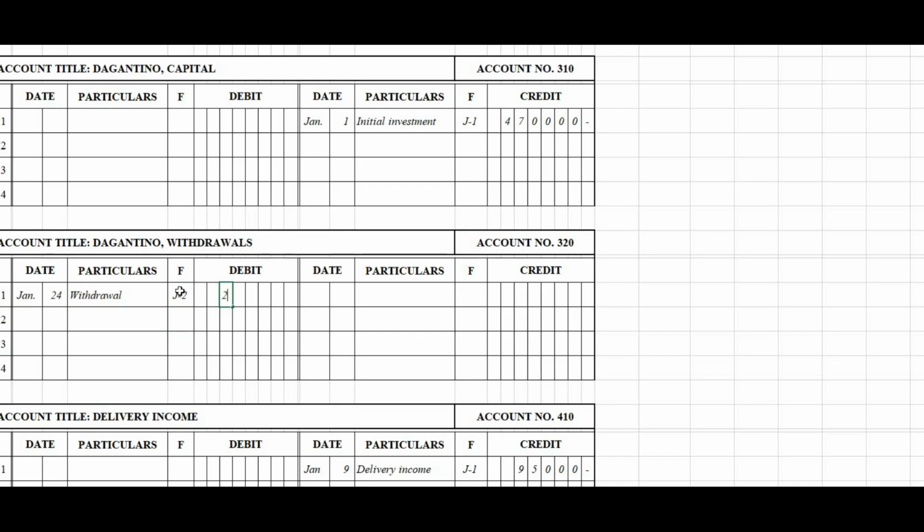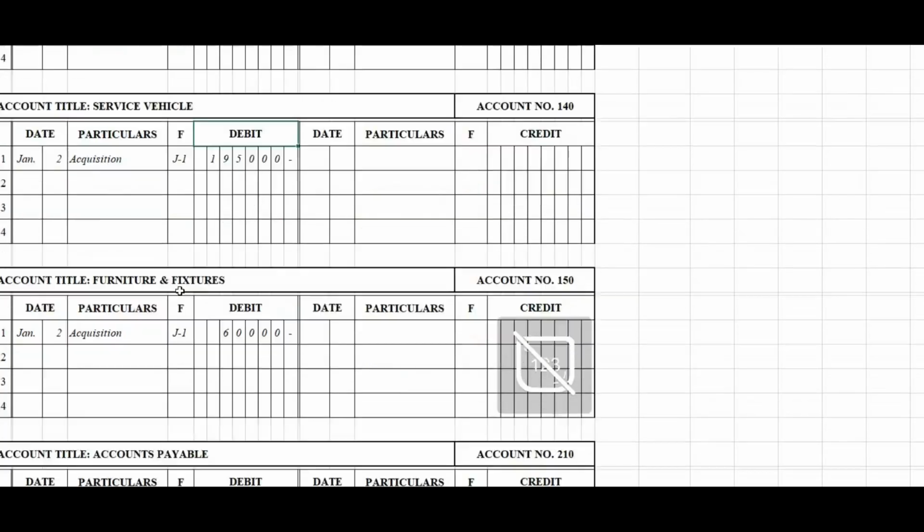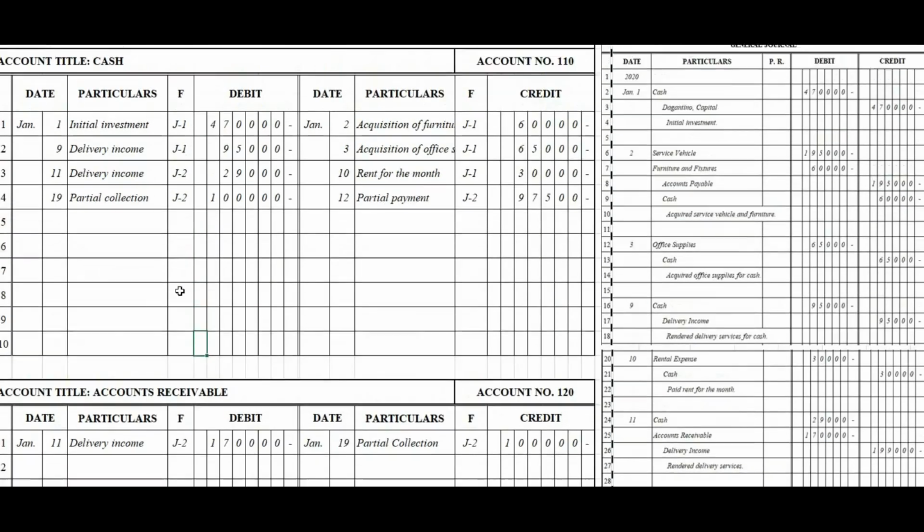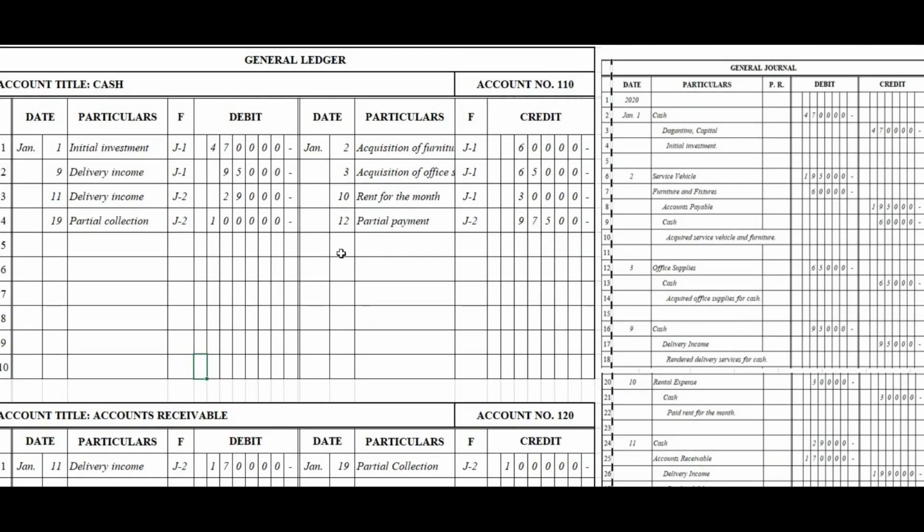So, that's 27,000. Okay? So, yung partner niya, of course, yung cash, naka-credit. So, dito tayo. That's 24. Withdrawal. J2. It's 27,000.